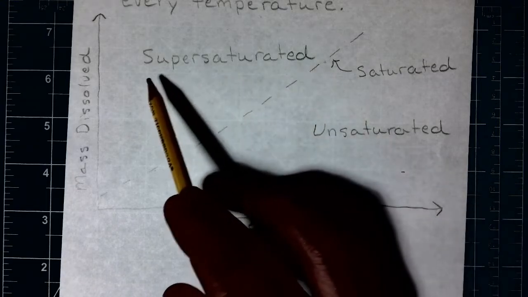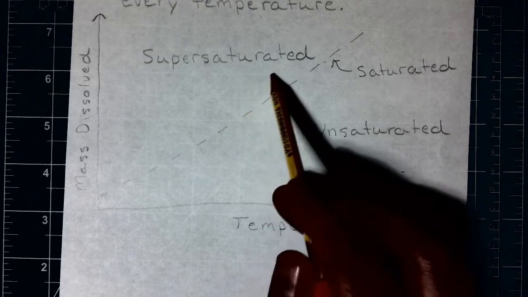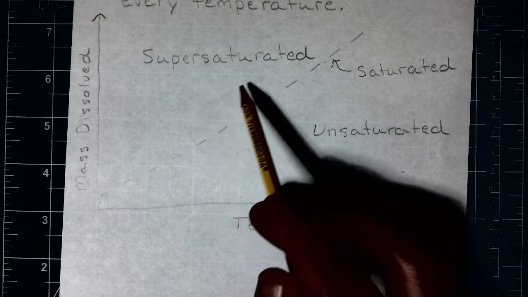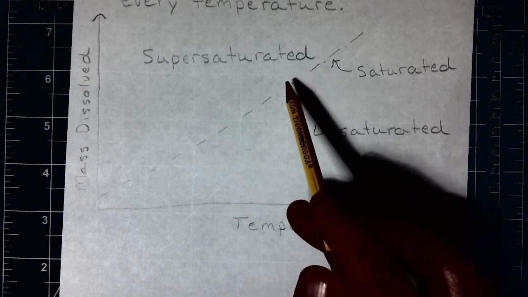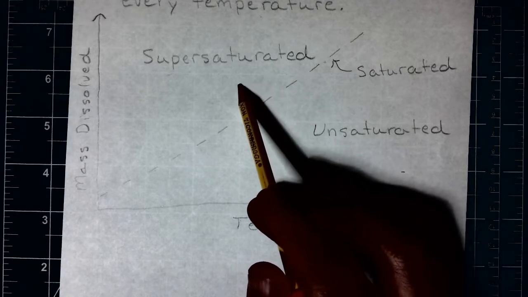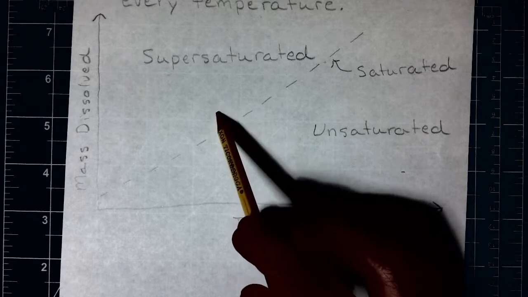So the easiest way to get to a supersaturated solution is to heat a solution and keep adding solute until you get it saturated, and then allow it to cool really slowly, at which point it will take time for those solute molecules to find each other and start to crystallize out.